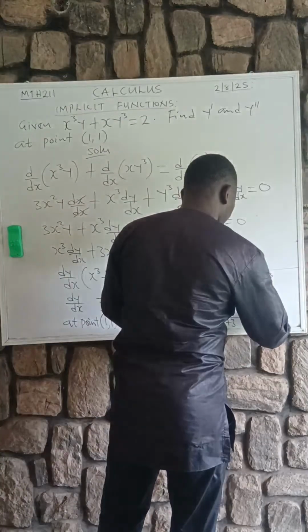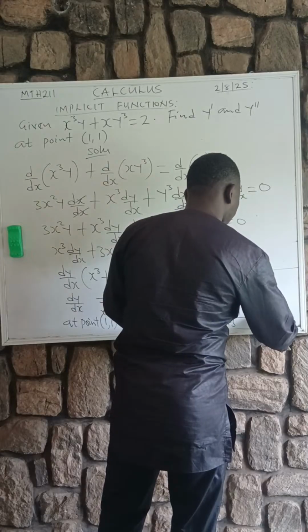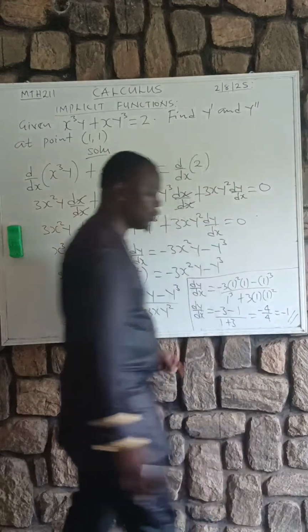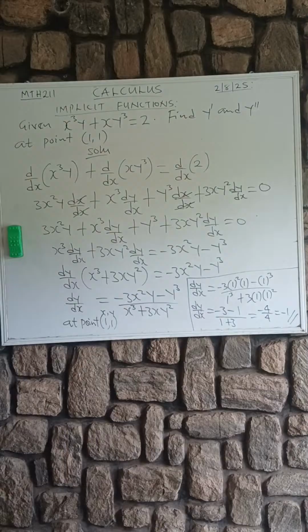So minus 4 all over 4 is equals to minus 1. True or false? It's true, right?